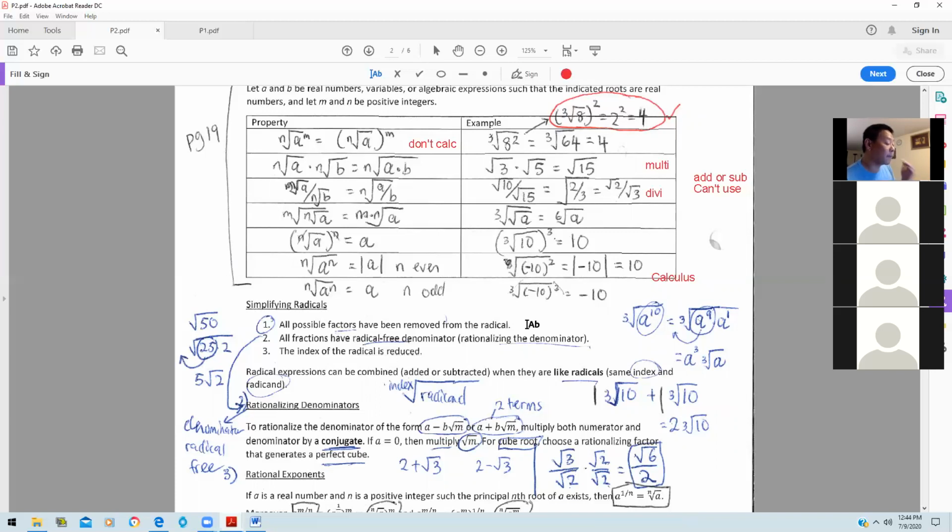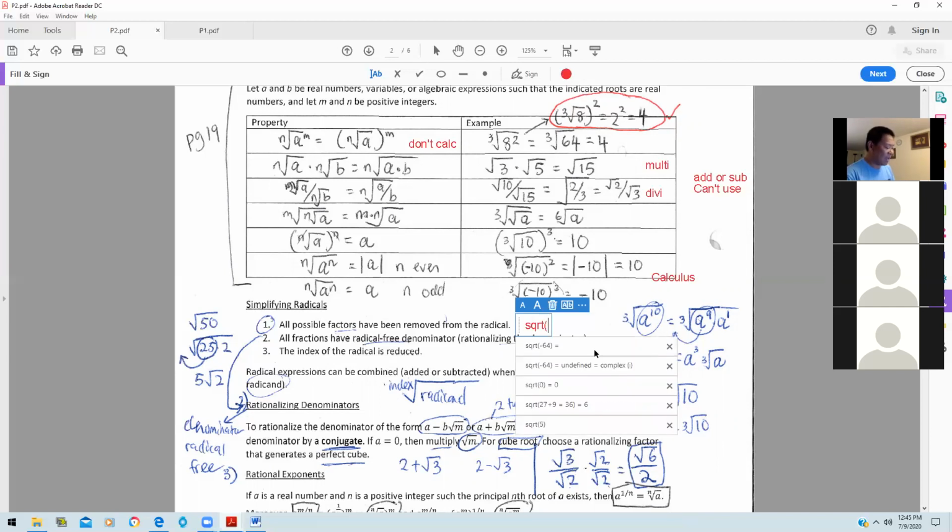I was curious. If the exponent inside the root is larger than the index of the root, does that matter? No? Nope. I was just curious. Let's say the square root of 16 to the power of 5.